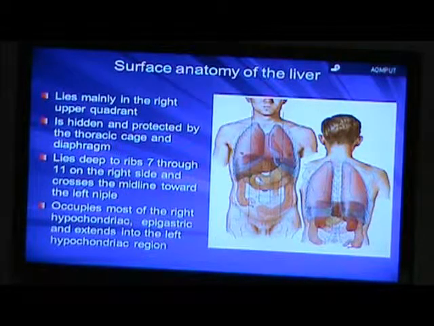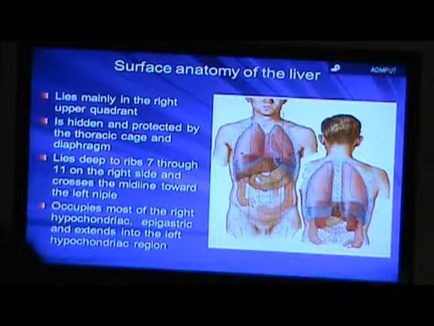So, liver lies mainly in the right upper quadrant and is hidden and protected by the thoracic cage and the diaphragm. Liver lies deep to the ribs 7 through 11 on the right side and crosses the midline toward the left nipple. Liver occupies most of the right hypochondriac region, epigastric region, and extends into the left hypochondriac region.